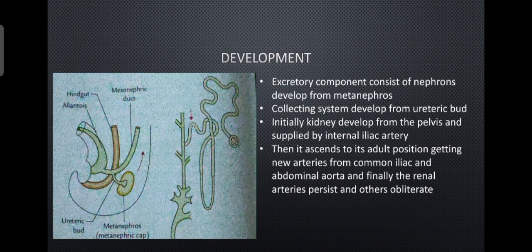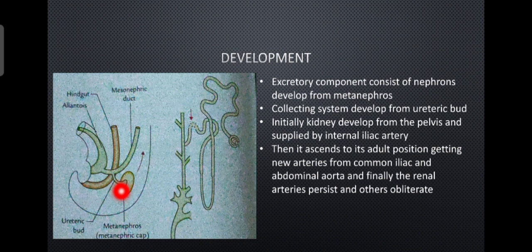Then we move on to the development of the kidney. In development, we have the excretory component and the collecting system. First, the excretory component consists of nephrons. Nephrons develop from the metanephric cap. See here, this is the metanephric cap. I will discuss it in the next slide.